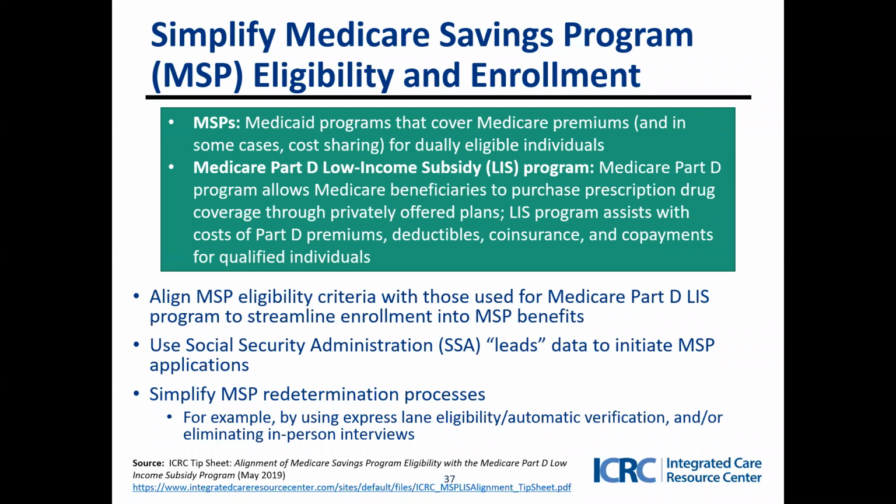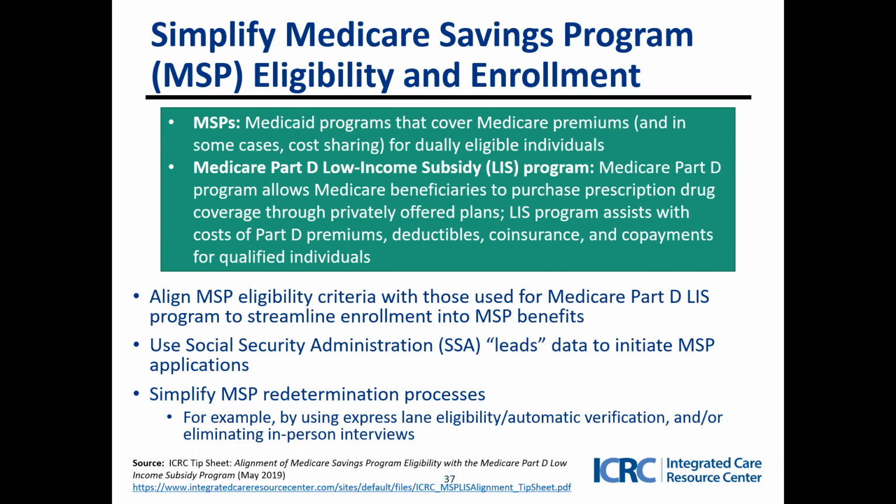So when beneficiaries apply for Medicare Part D LIS through the Social Security Administration, federal law requires that the administration transfer leads data from LIS applications to the state agency, which the state can then use to trigger an MSP application. The leads data files contain a helpful host of information, including whether the beneficiaries are eligible for full or partial LIS benefits, as well as demographic, income, and asset information.